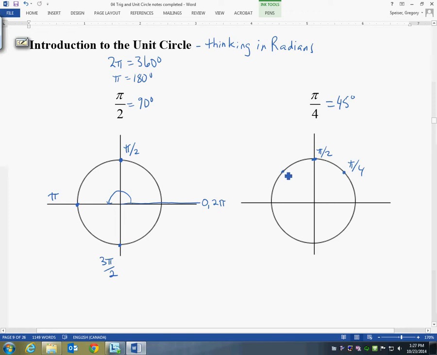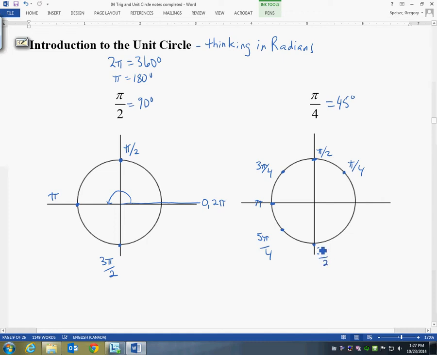Here is 3 pi over 4. And this would be 4 pi over 4, which is the same thing as pi. And this would be 5 pi over 4. And I think you see where we're going. This would be 6 pi over 4, but 6 pi over 4 is the same thing as 3 pi over 2.